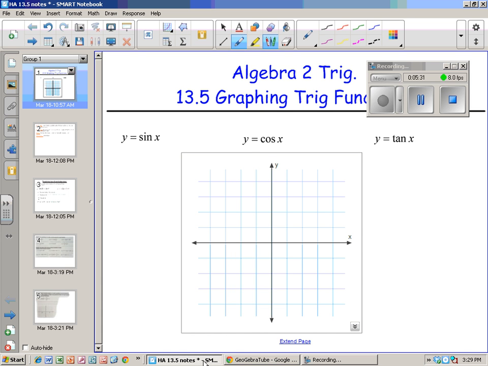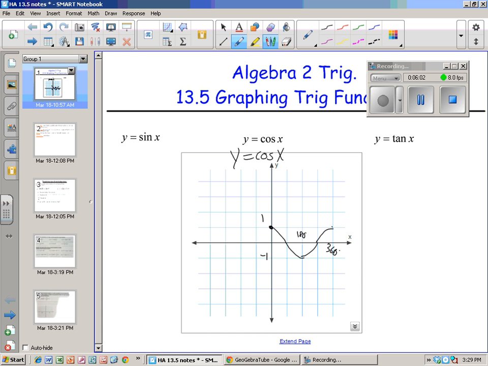Okay, so now, for the cosine graph, y equals the cosine of x. The cosine function started at a y-coordinate of 1 at the 0-degree mark. Then at 90 degrees, it curved down to 0, down to -1 at 180 degrees, back up to 0 at 270, back to +1 at 360 degrees.